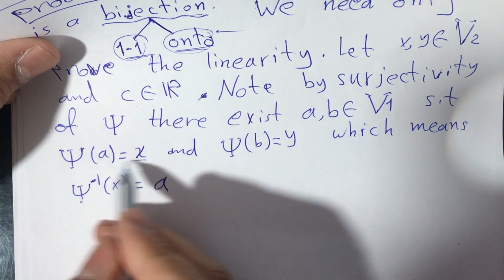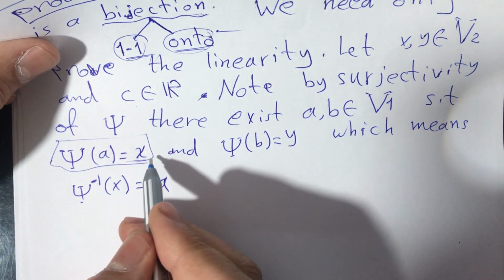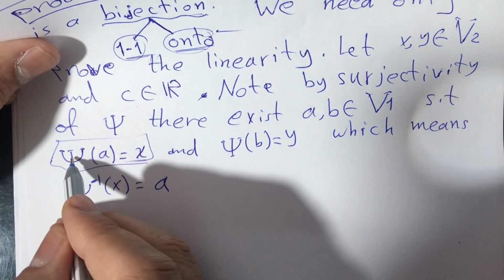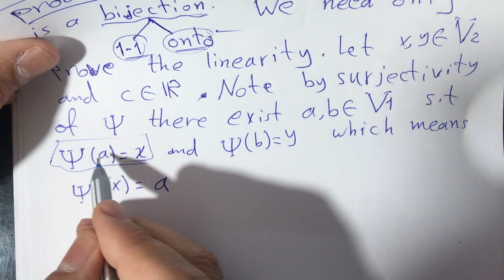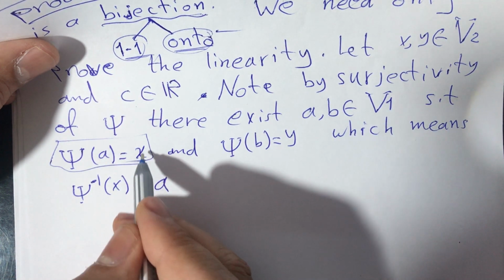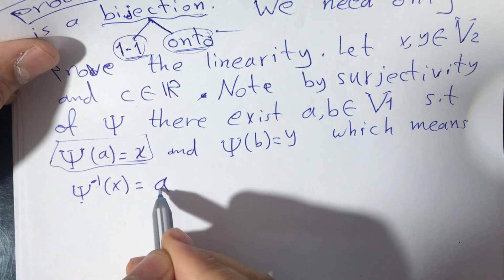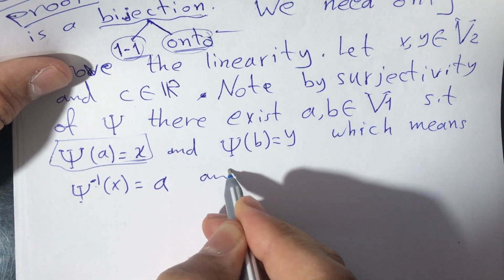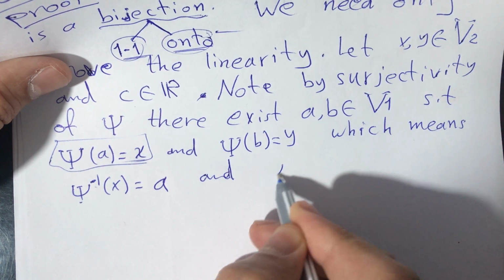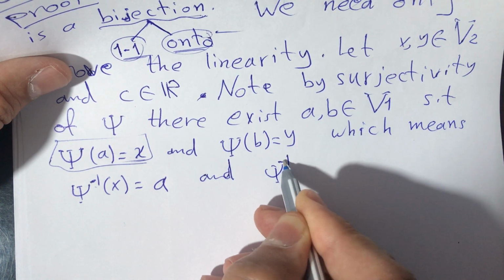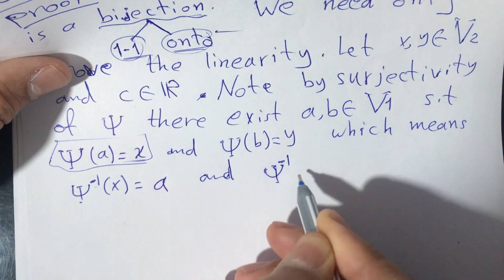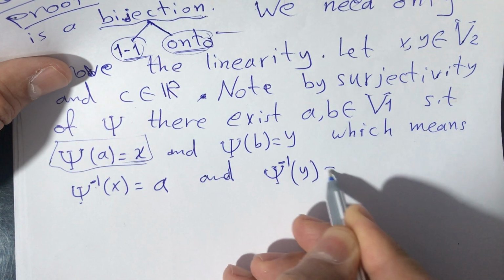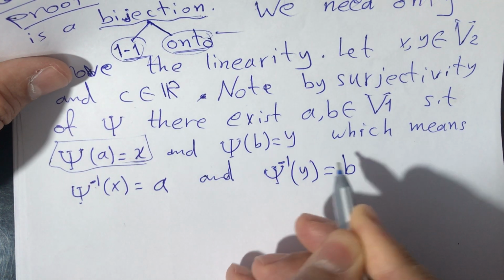If we take the inverse of this equation, phi inverse of phi of a will be the identity, so phi inverse of x is equal to a. This is the same: phi inverse of y is equal to b.